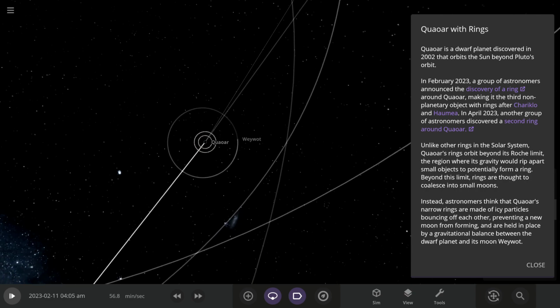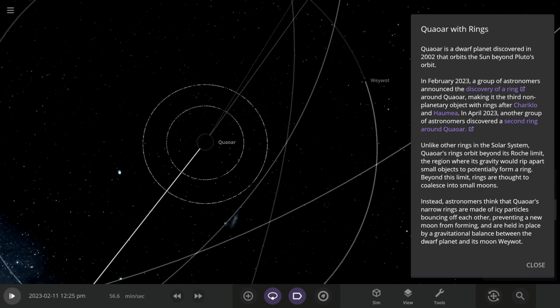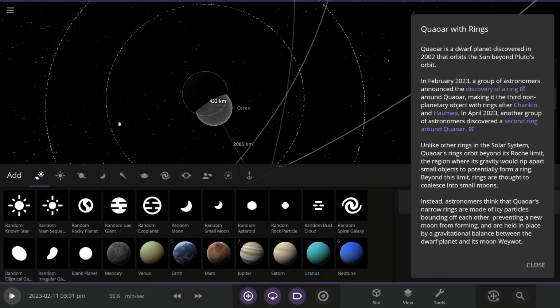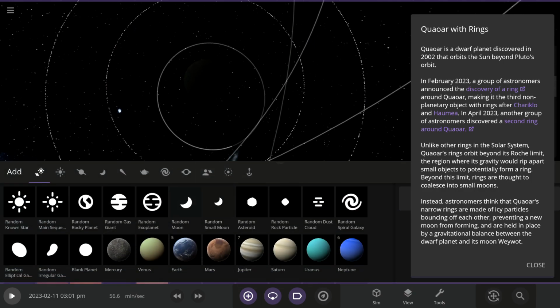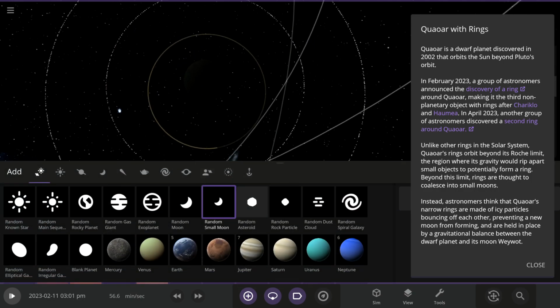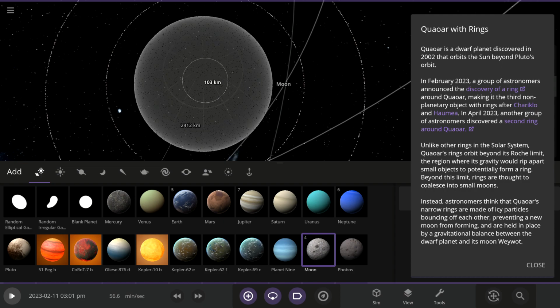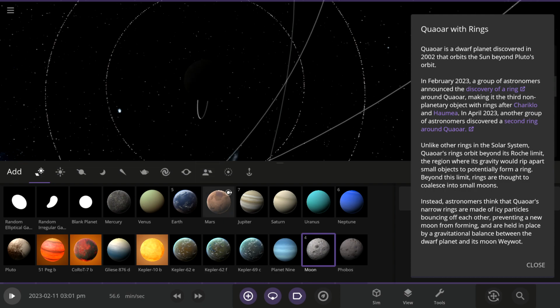Unlike other rings in the solar system, Quaoar's rings orbit beyond its Roche limit, the region where its gravity would rip apart small objects to potentially form a ring. I'm probably going to show you guys what that is if you don't know. So, if we get a random small moon, and oh wow, Quaoar is really small.